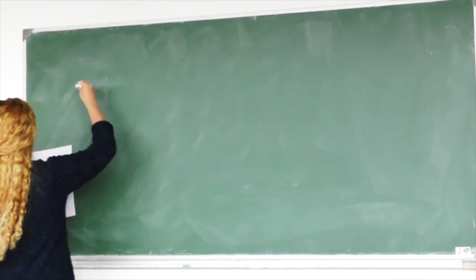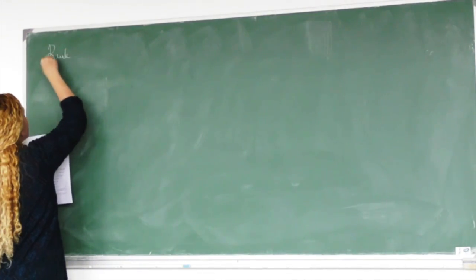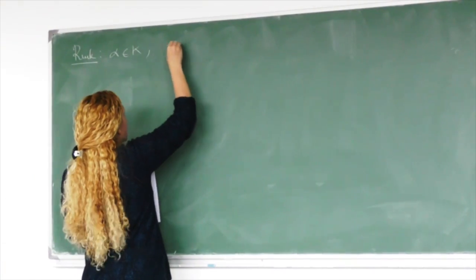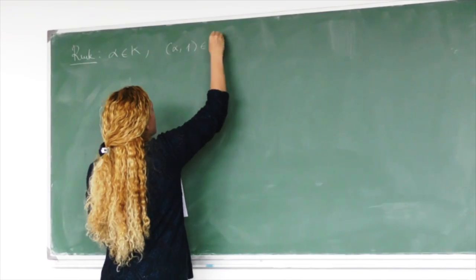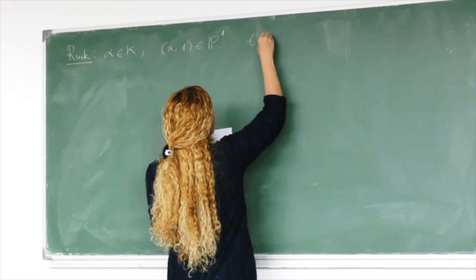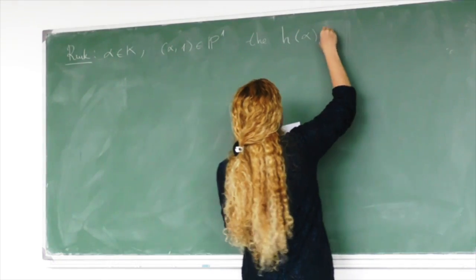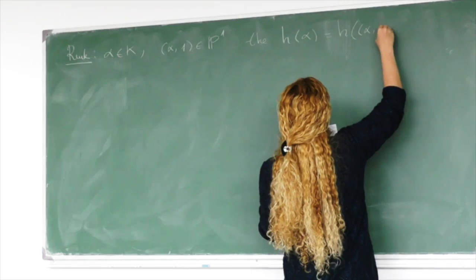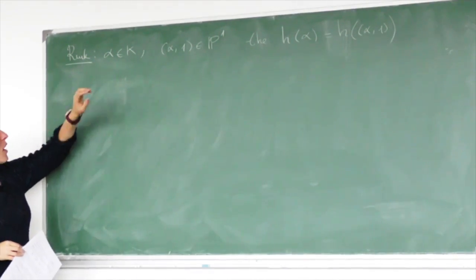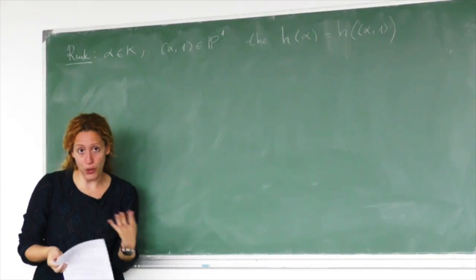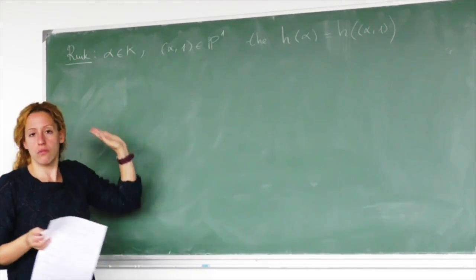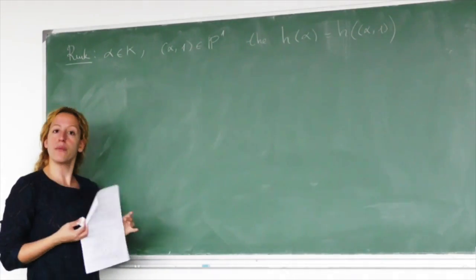Let me remark this: if I have alpha in k, then I can consider this as a point in P1, and now I can define the height of alpha equal to the height of this point in P1. With this, I just want to say that I defined the height for a point in a projective space, but you can use this definition to define the height of a number without looking at it inside a projective space.